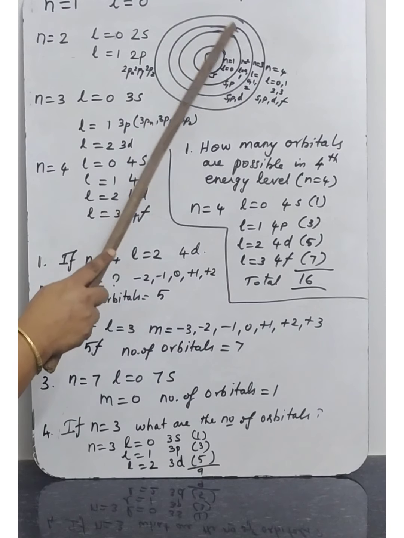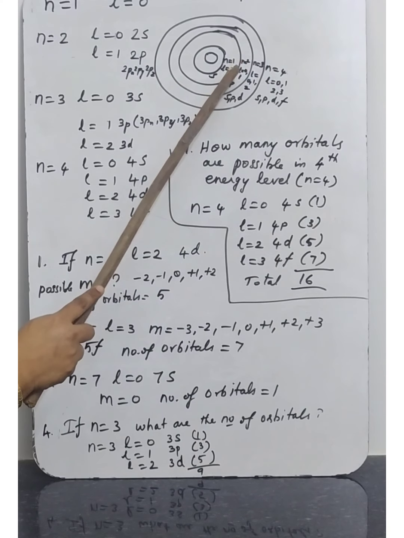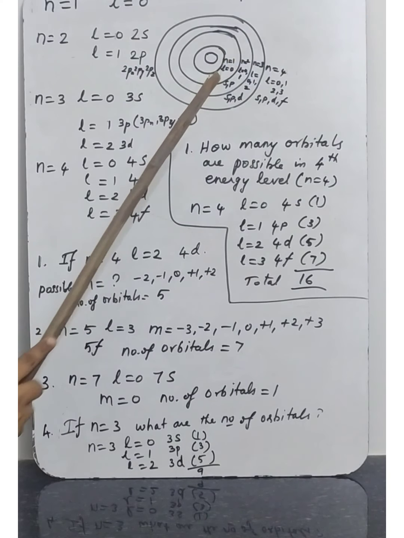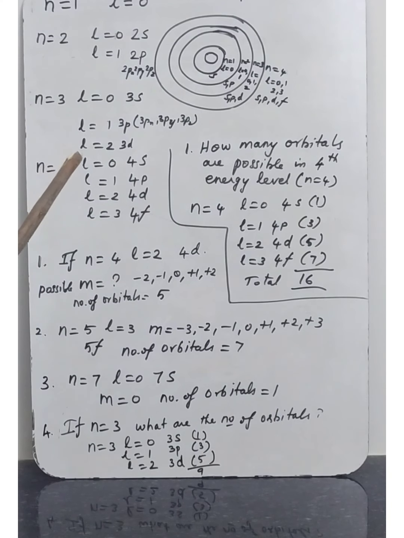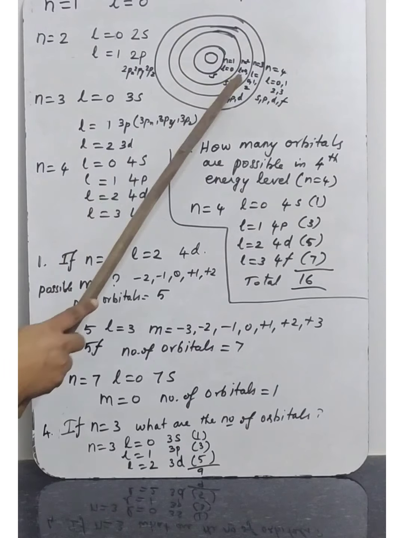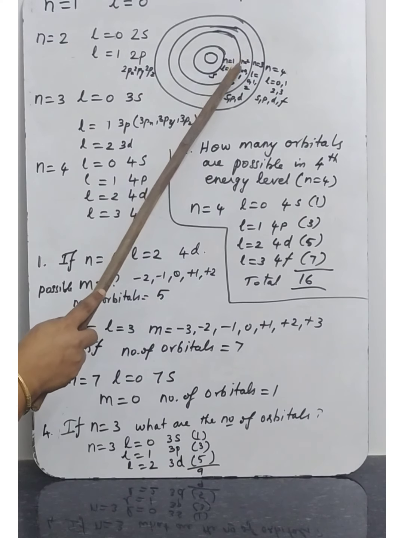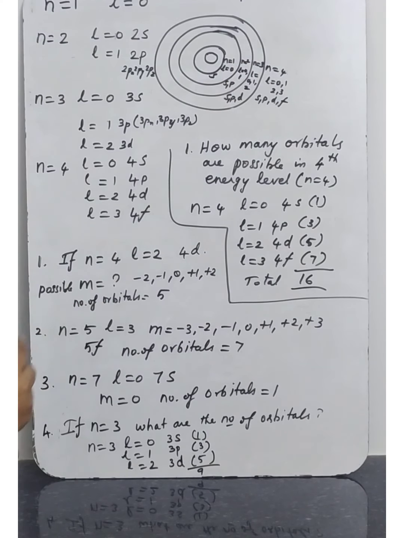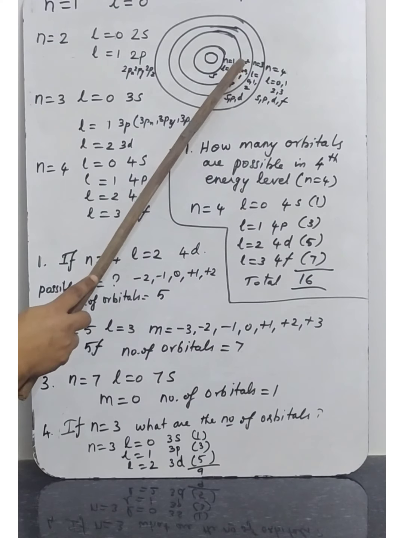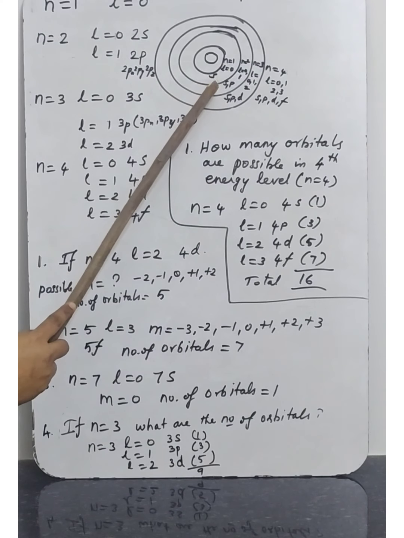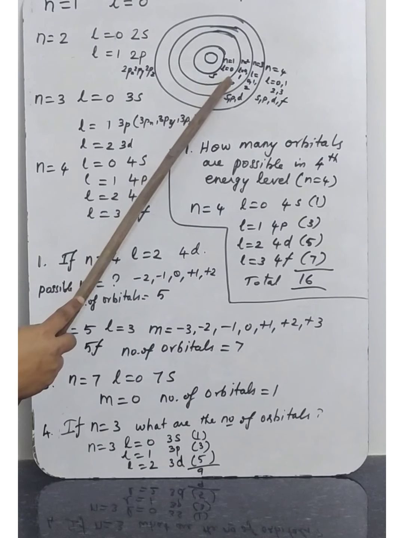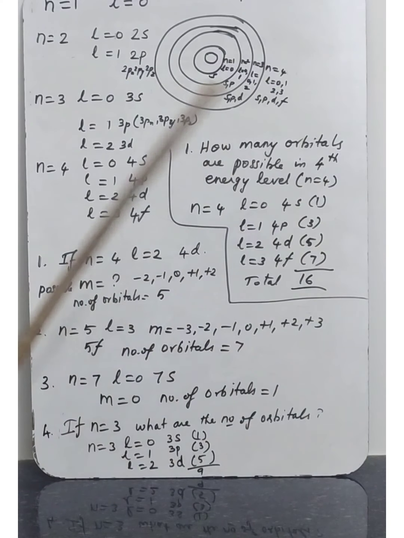Next, if n is equal to 2, that is the L shell, next to the K shell. n equal to 2 means l values are 0 and 1. If l is equal to 0, the s orbital is already there in the second shell, and the p orbital is introduced.